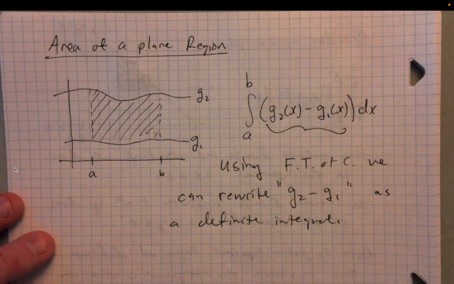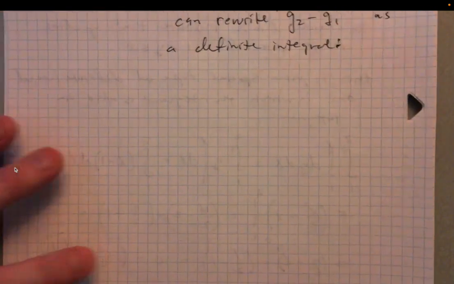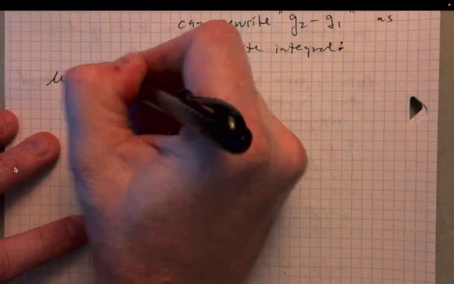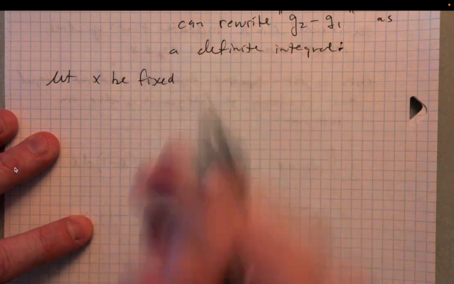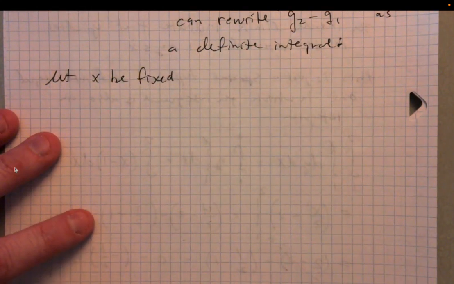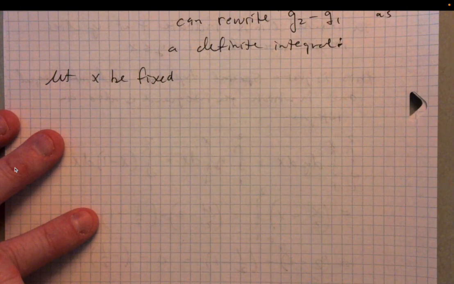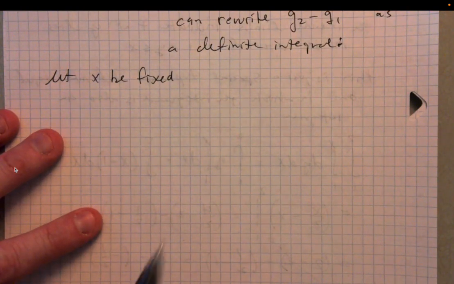Okay, how does that work? Well, let x be fixed and consider y as a variable from g1 to g2.